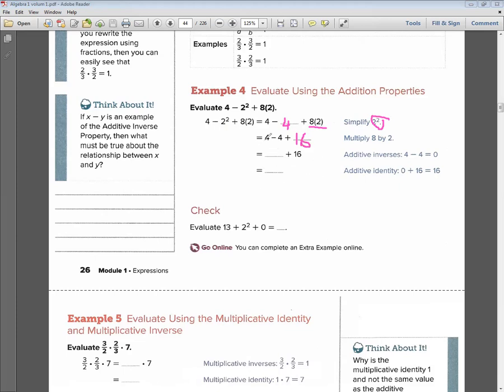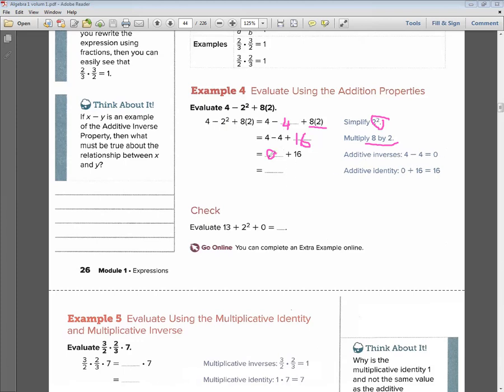So now we have 4 minus 4 plus 16. I multiplied 2 by 8 already. Here, what should I do? I have 4 minus 4 plus 16. I know 4 plus minus 4 is 0, so I have to add them. The additive inverse, 4 minus 4 equals 0.